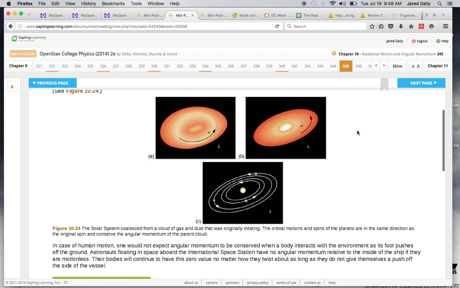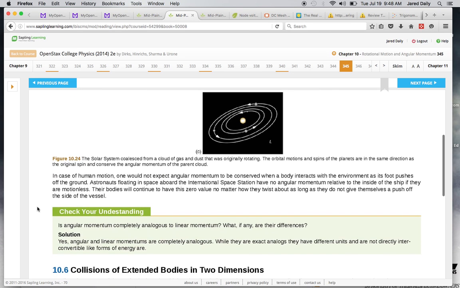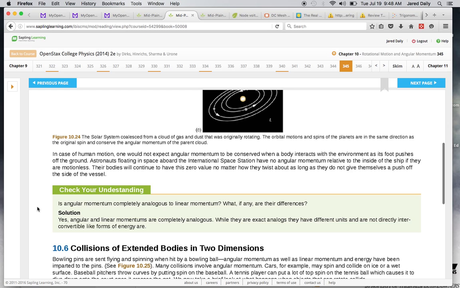I suppose we could work it out, because you have the mr squared is the I for each one of these planets, and if they have the same mass, this thing is going to be some fraction times mr squared. And so the final result actually has more energy than the initial result as those things coalesce, and it's more internal energy. And that energy is bound up in the moment of inertia, essentially. So it has more moment of inertia, and the angular momentum is going to be conserved.